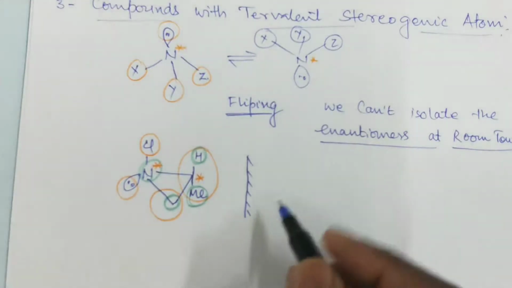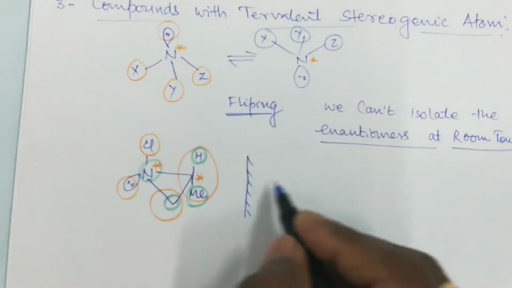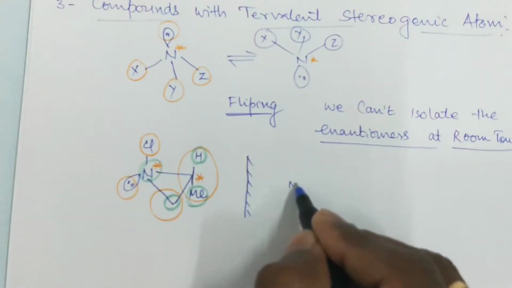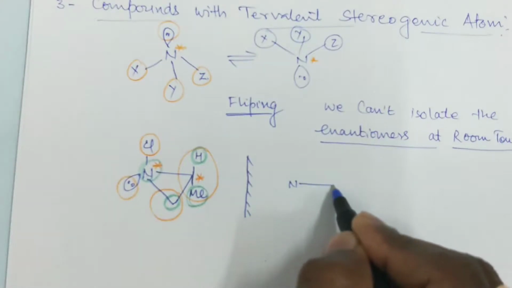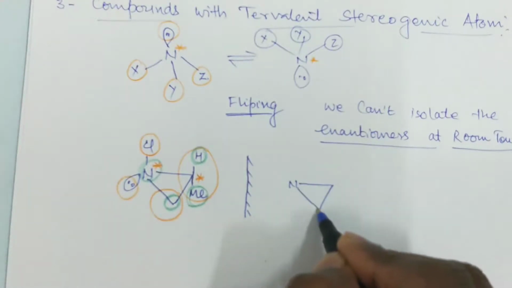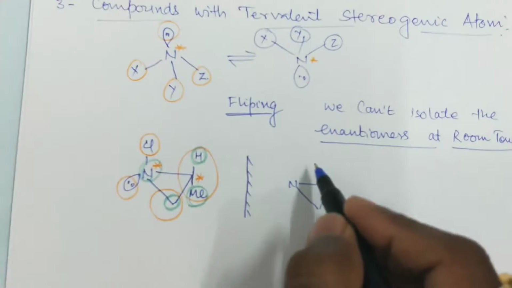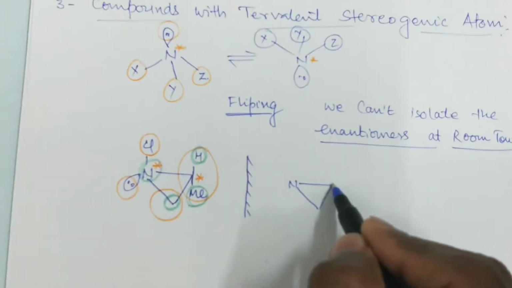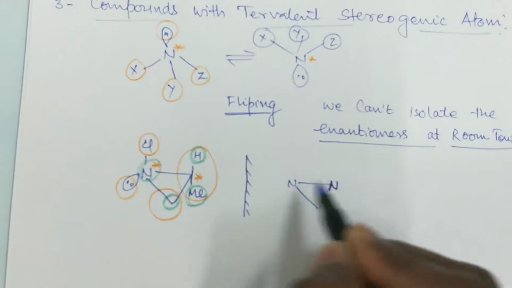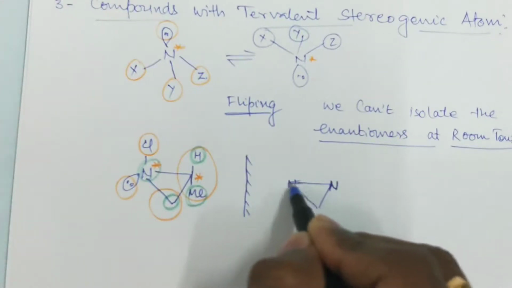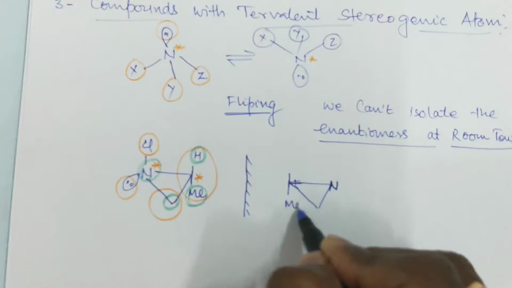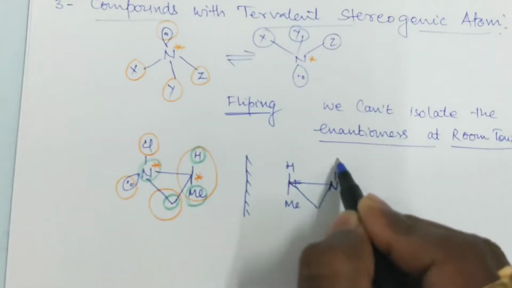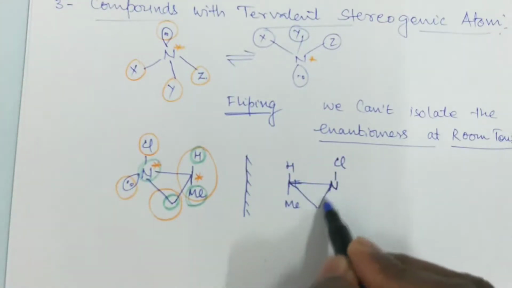So N will come to this side, the mirror image. N, Me, H, Cl.